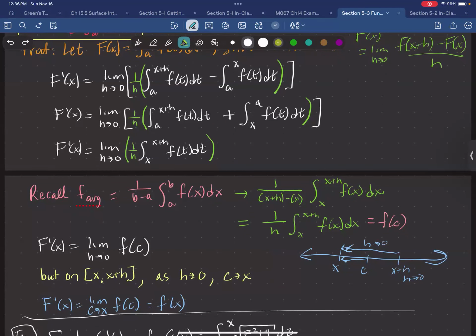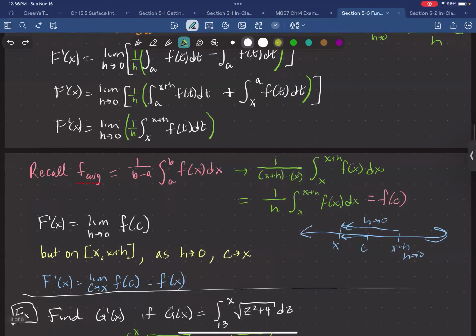Now we're going to do some exercises where you practice doing this, just figuring out what the derivative of the integral is. Find g prime of x if g of x is the integral from 13 to x of z squared plus 4 dz.